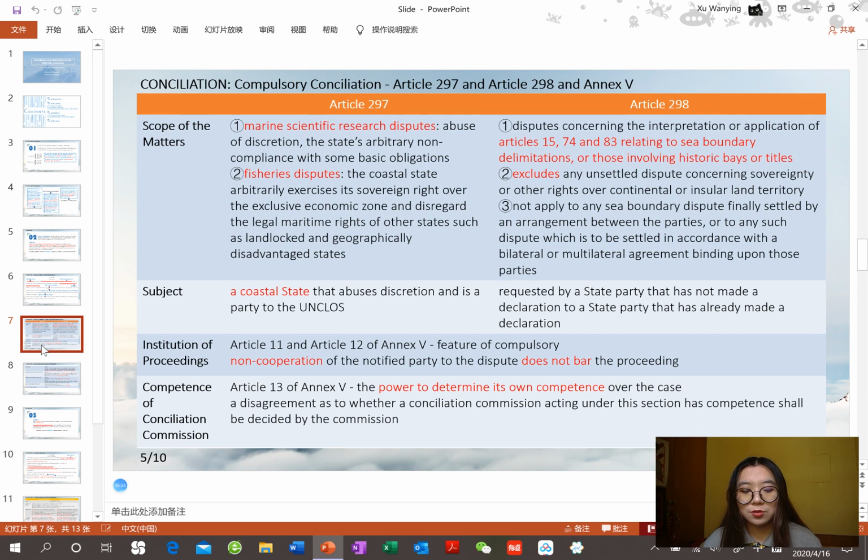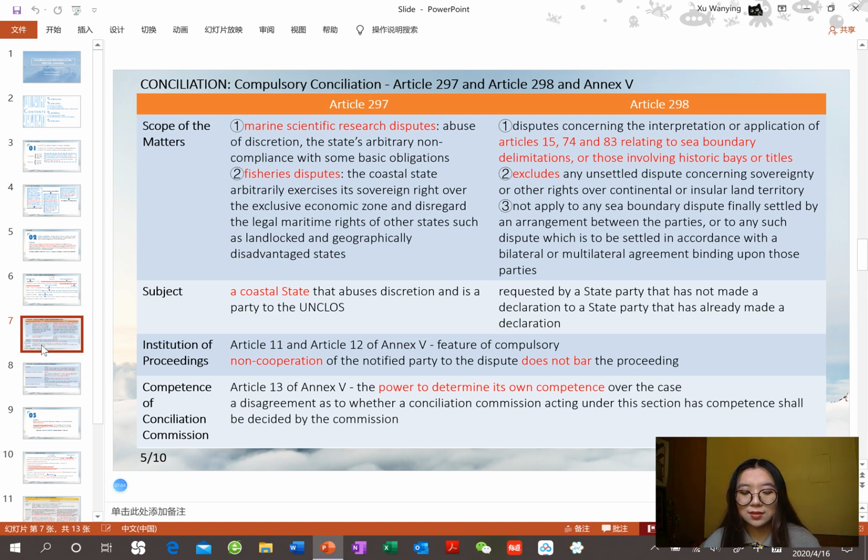Secondly, the subject of compulsory conciliation is special. For disputes under Article 297, the eligible subject must be a coastal state. But for disputes under Article 298, in general, the procedure can only be requested by a state party that has not made a declaration against a state party that has already made a declaration.